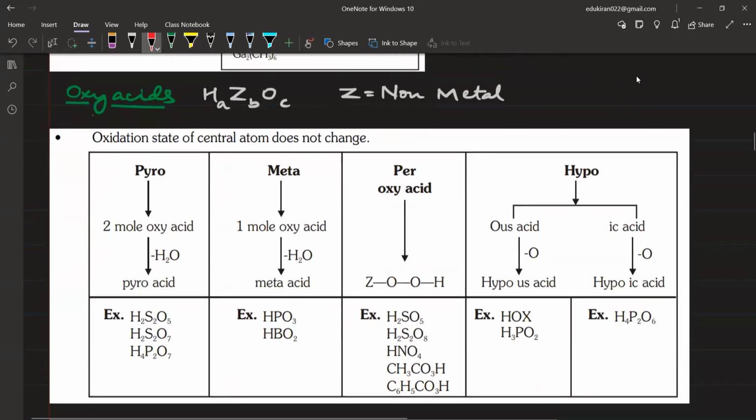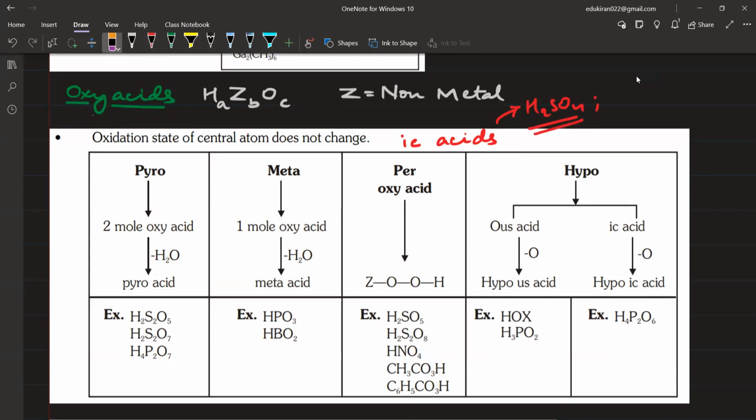Okay, so in general, you will always have the ic acid. Your starting point should be ic acids. What are ic acids? For example, you have sulfuric acid, H2SO4. Phosphoric acid, right? Then you have boric acid. All of these are examples of ic acids.